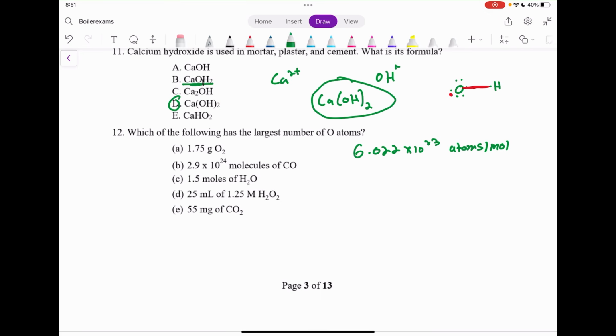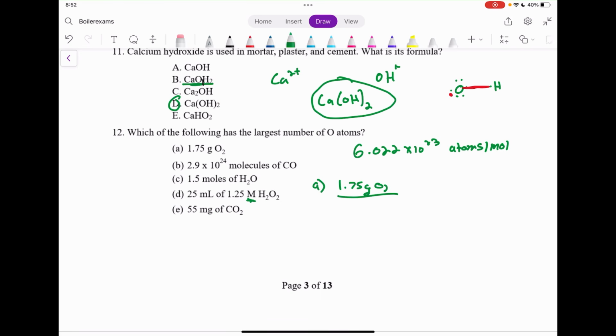We know molarity is equal to moles per liter. It's going to show up right here, and then we should be good. I don't see a more efficient way to solve this problem than just brute forcing, checking how many oxygen atoms are in each one. So let's just do that. Let's start with A and do some dimensional analysis.